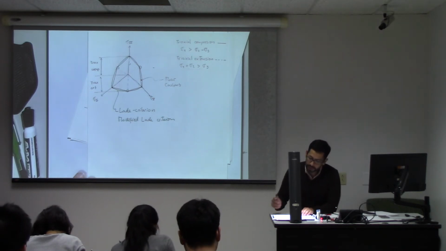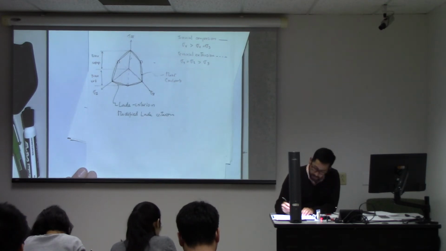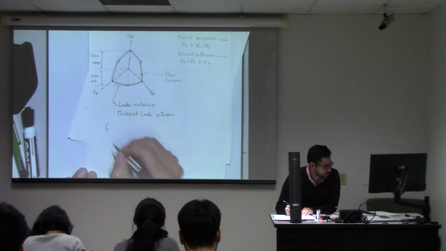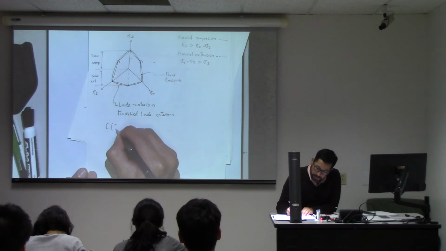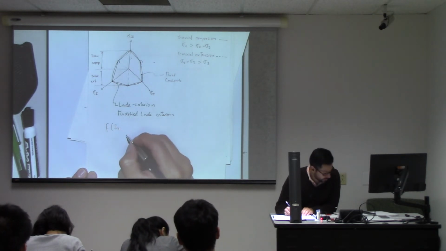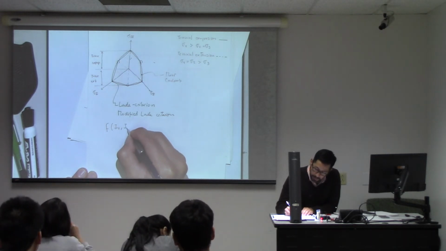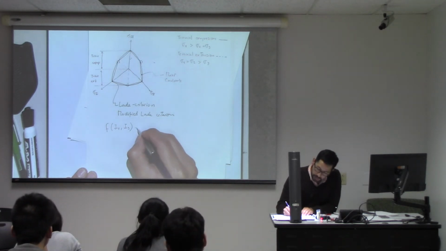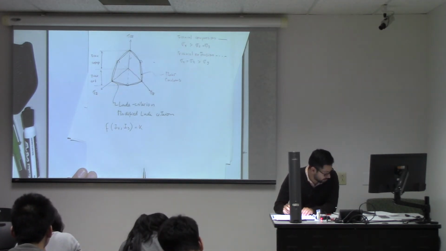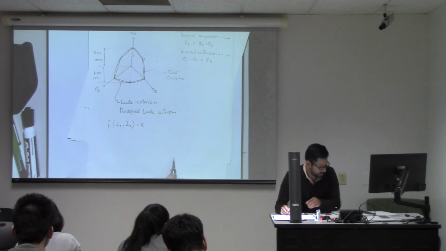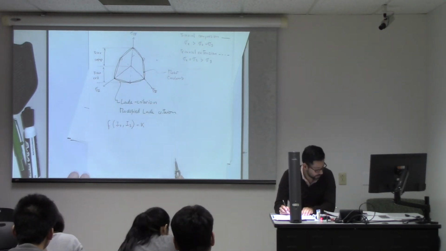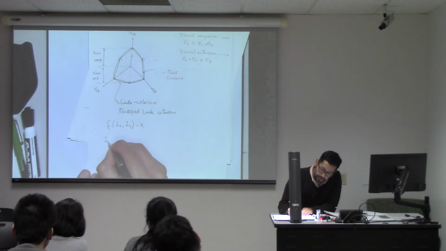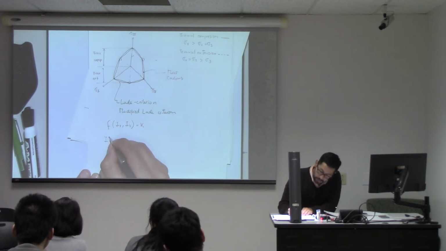And the equations for that modified Lade criterion now are going to include the second invariant, the third invariant, and it looks something like this. So in general, it's a function of the first invariant and the third invariant, and the equation looks something like this.